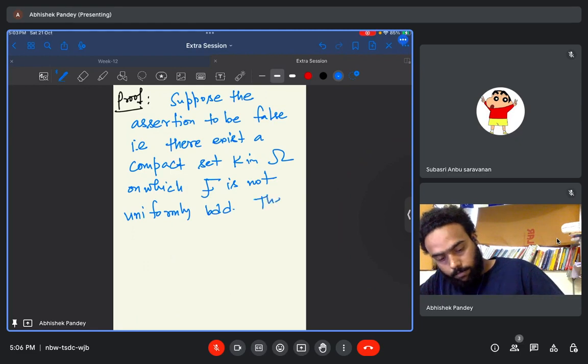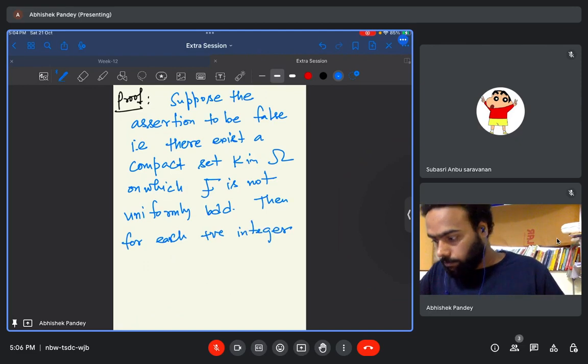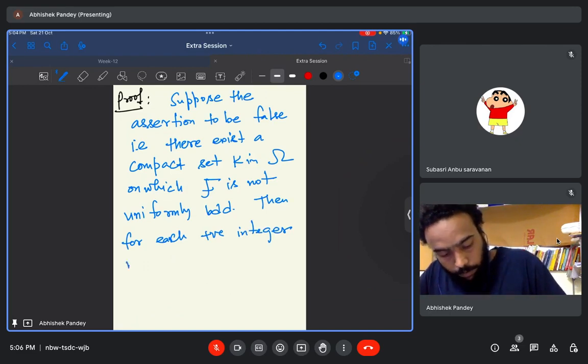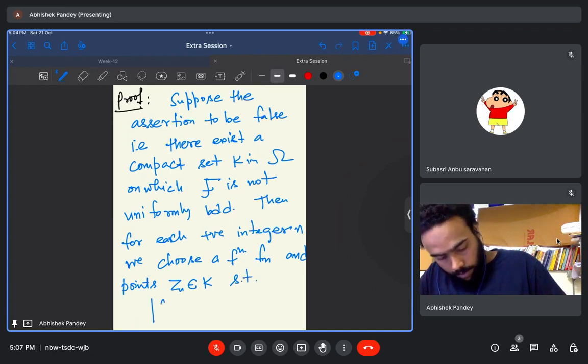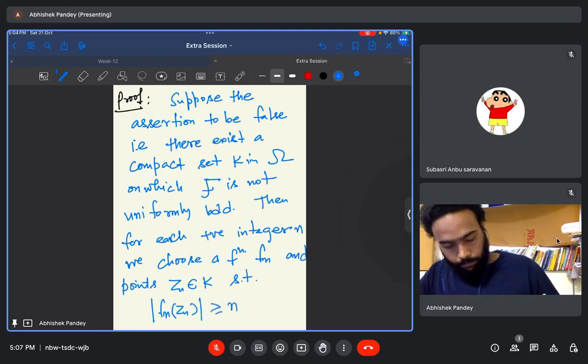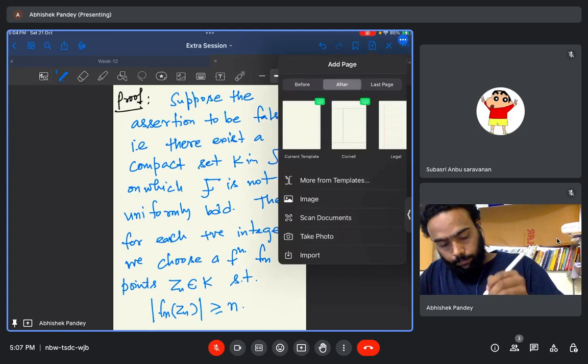Then for each positive integer n, we choose a function f_n and points z_n in K such that modulus of f_n at this point z_n is greater than or equal to n. We can do this because F is not uniformly bounded on K.